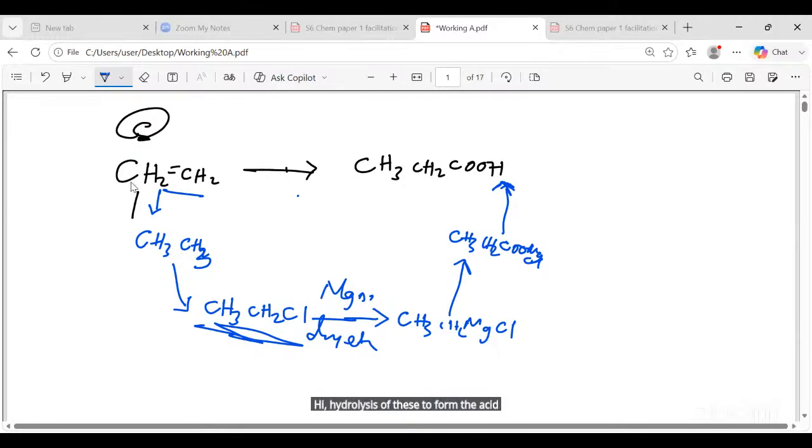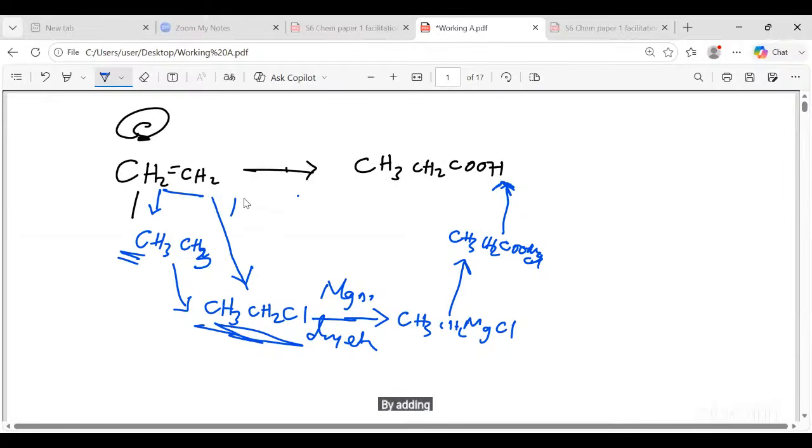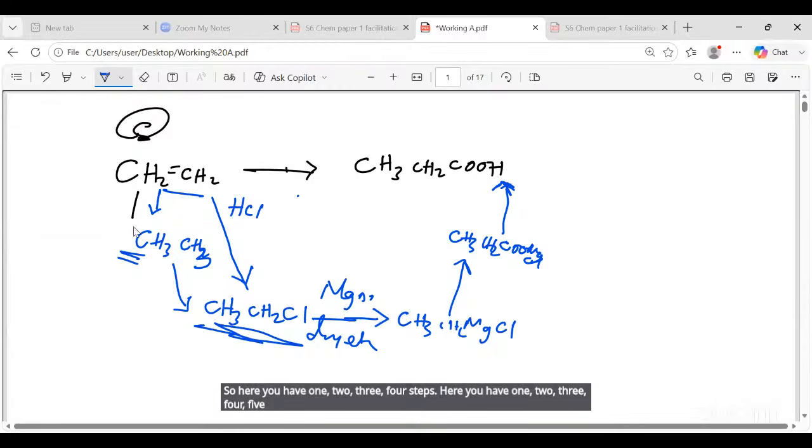But now the question is, why do you need to go through this? Yet you can easily just come here by adding a hydrogen halide acid. So here you have 1, 2, 3, 4 steps. Here you have 1, 2, 3, 4, 5. But we don't encourage this. Why?